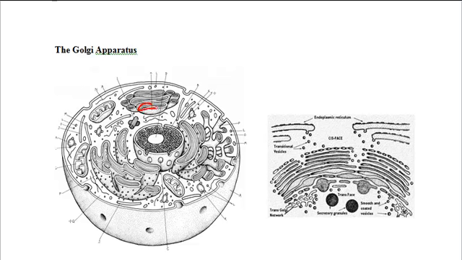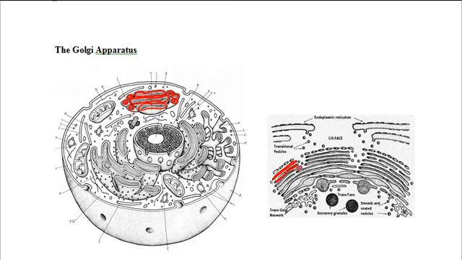It's a series of flattened sacs or stacks that contain fluid and proteins and enzymes and a variety of materials in their center. And at the ends they have these little spherical things called vesicles. So if we look at it under the electron microscope, they're these little sacs.